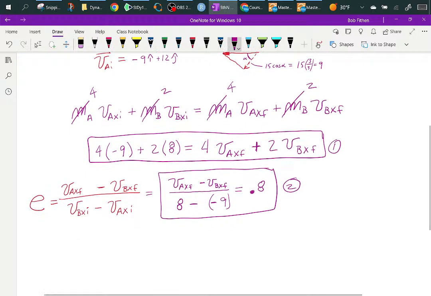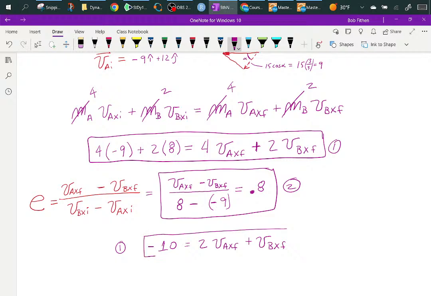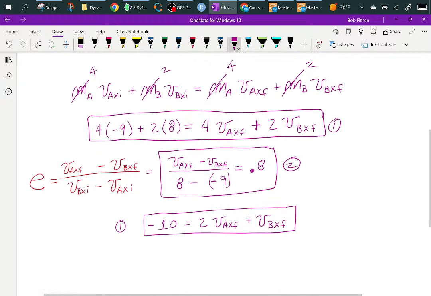Okay, rewriting equation 1 at minus 20 equals, and I can divide by 2, so 2 VAXF plus VBXF. If I divide by 2, that makes that. Now there's equation 1. Equation 2 becomes a minus and a minus. Make that a plus.